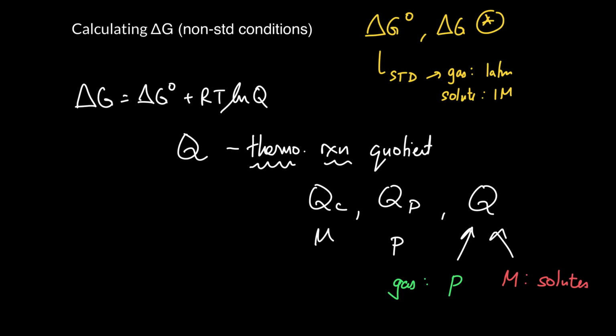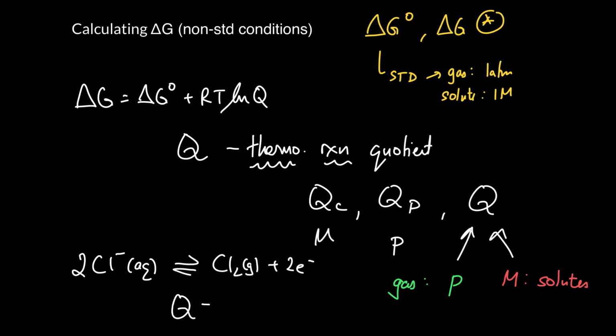So, for instance, if we had a reaction that, oh gosh, I don't know, somehow involved 2 chloride ions converting to chlorine gas plus a couple of electrons, then we would write the reaction quotient for this as the partial pressure of chlorine gas divided by the concentration of the chloride ion squared.